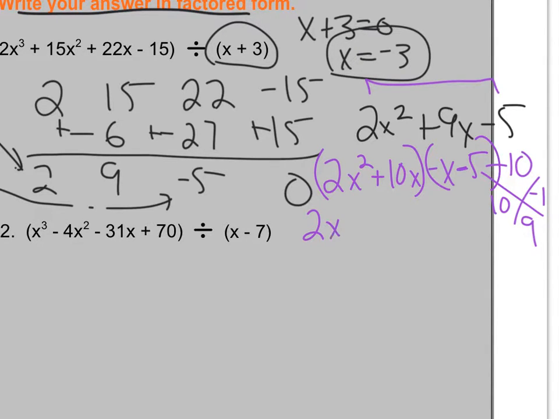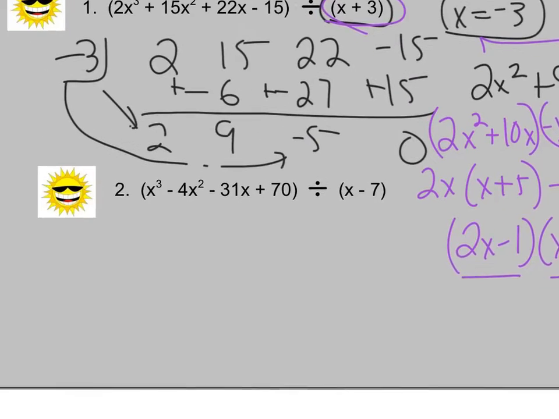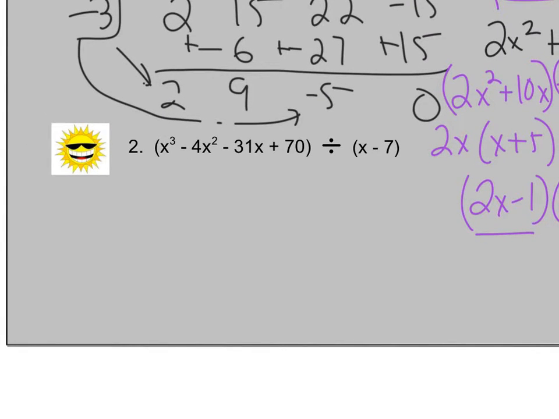I'll factor out 2x, be left with x plus 5. Over here I'll factor out negative 1, be left with x plus 5. So 2x minus 1 and x plus 5. My three factors are x plus 3, 2x minus 1, x plus 5. So all that factoring comes back into play. Factoring does not go away.